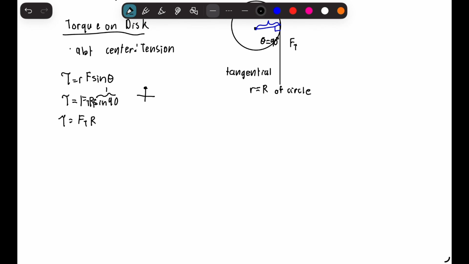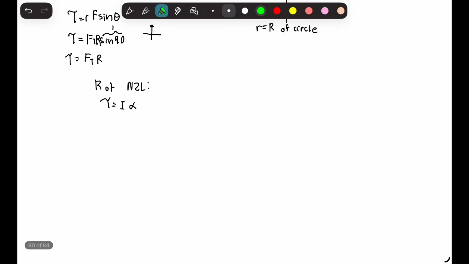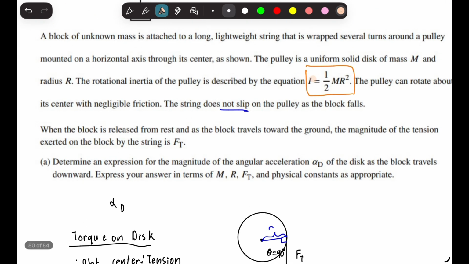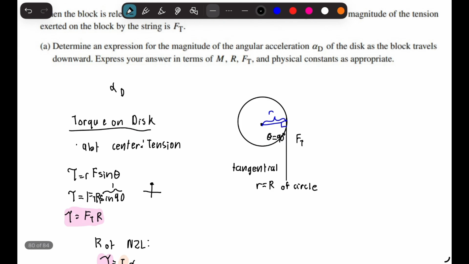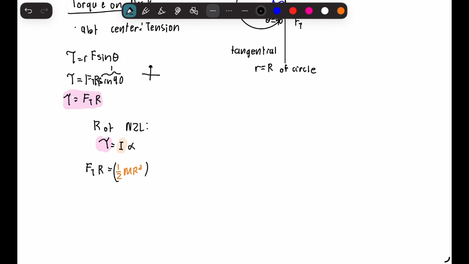Now after this, we want to apply the rotational Newton's second law. Rotational Newton's second law states that the torque is equal to the moment of inertia times the angular acceleration. Now we can substitute in what we just found as our torque. So our torque is equal to Ft r, and our I is equal to our value up here, 1/2 mr squared, and our alpha is going to be alpha of the disk.